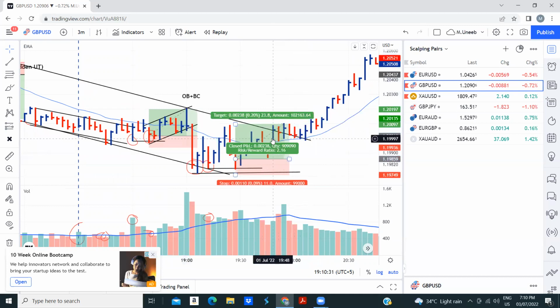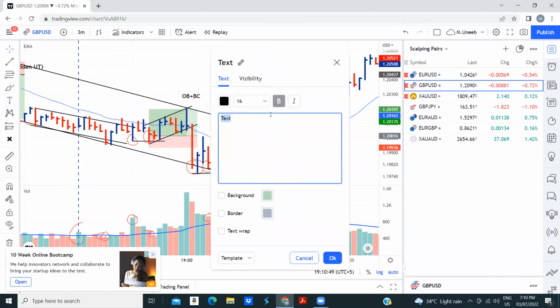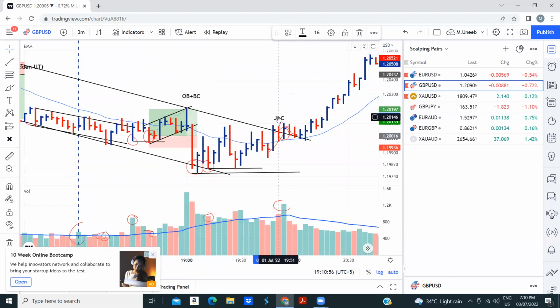As we break through this here, you would say this might be an effort versus no result, but this is not effort versus no result. Yes, it has a very huge volume, but it is breaking what? JAC, jump across the creek move. And this is jump across the creek, a very huge volume here.